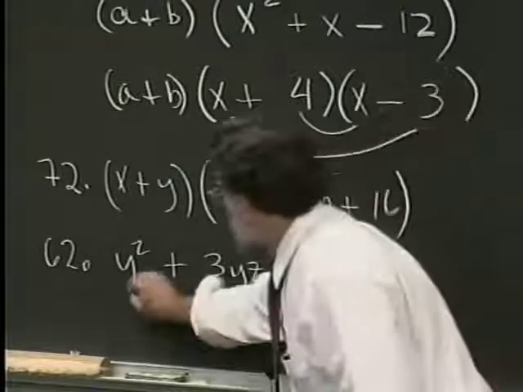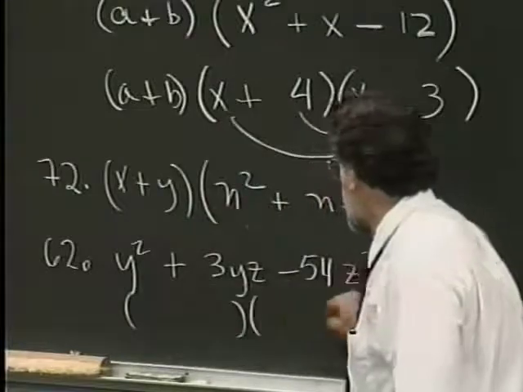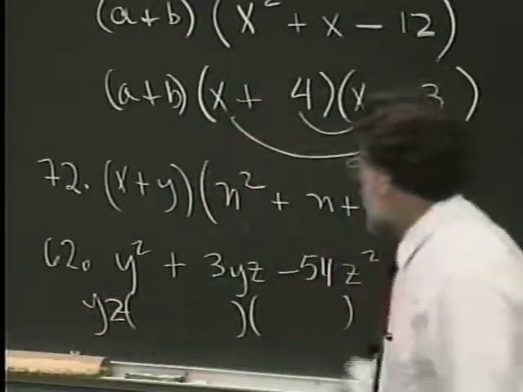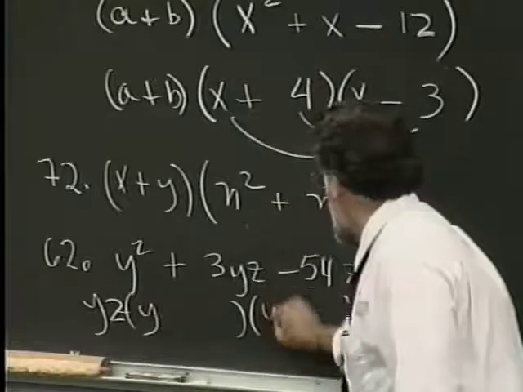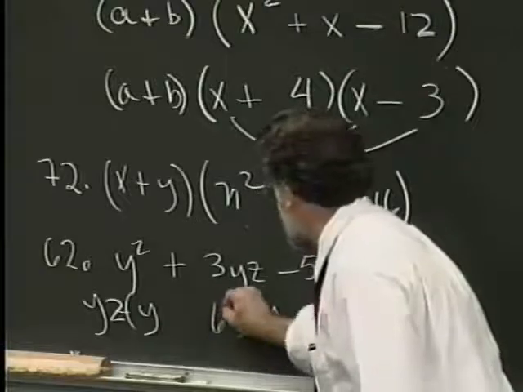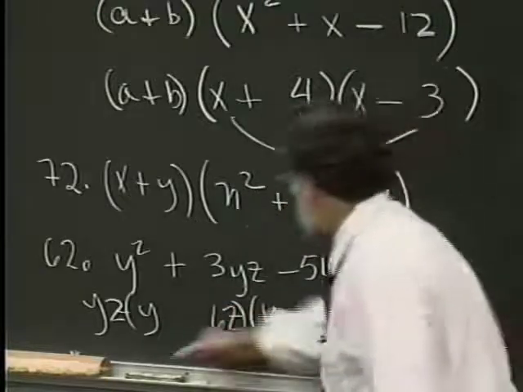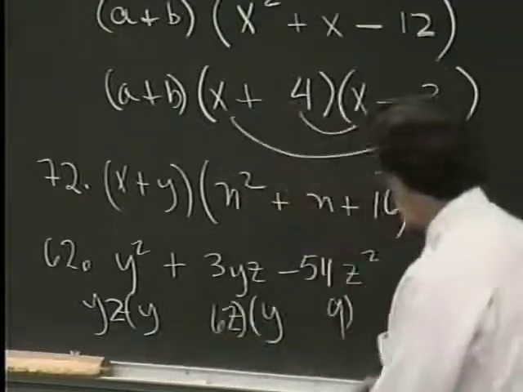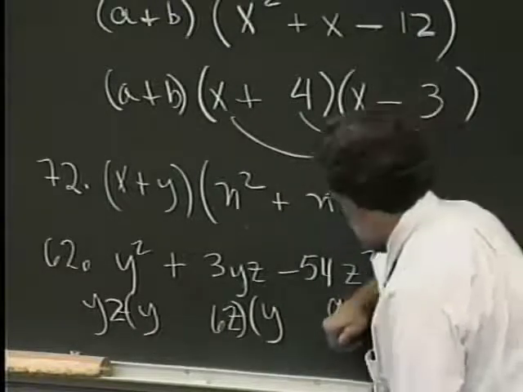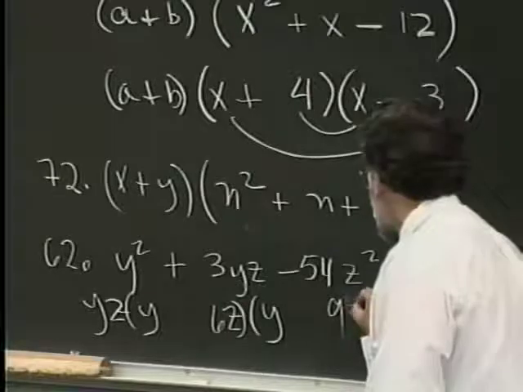So I should be able to take that. I still have the yz in front. And then I'm going to have y, a 9z, okay, and a 6z. I didn't leave room for the z. That's making a mess that I wish wasn't there.